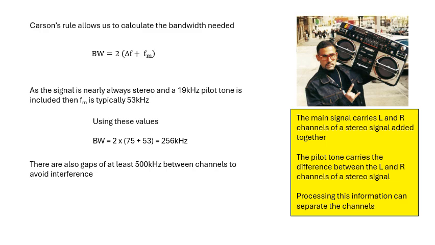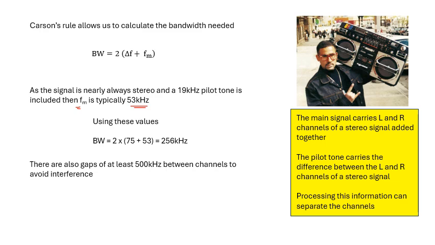And so with the main signal and the pilot tone, you can actually process that and get your stereo. And if you don't process it, then you end up with mono. So both of them work. But basically the pilot tone carries the information needed so that you can separate the left and right channels of a stereo signal. So FM, including this pilot tone, is typically about 53 kilohertz.